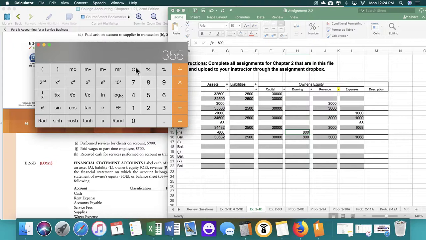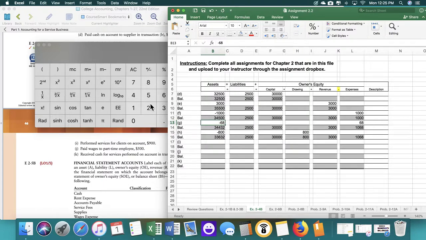So we have 35,500 minus 1,000, 34,500 minus 2,500 minus 30,000 minus 3,000 plus 1,000. So far, so good.